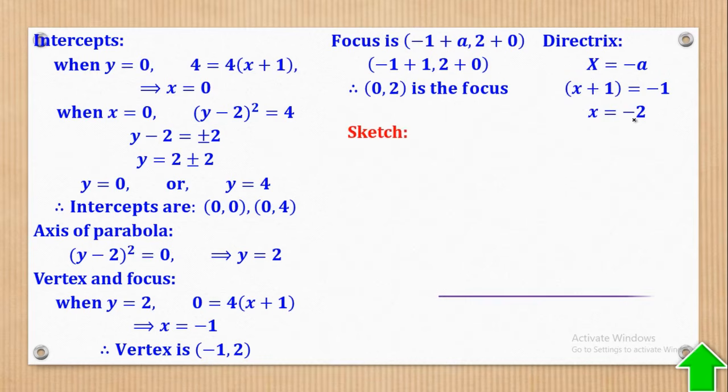The first thing to do is to draw the axes and label them: x-axis and y-axis, and this is the origin. The next is to locate the intercepts. (0, 0) is already here. Then (0, 4) will be there. The next is the line of symmetry, which is y equal to 2.